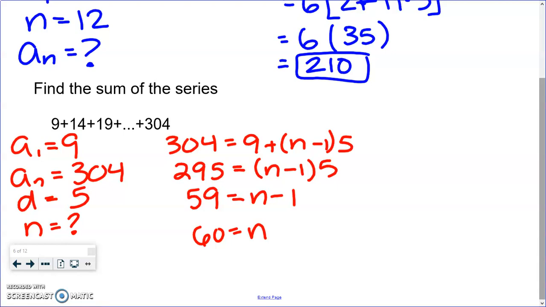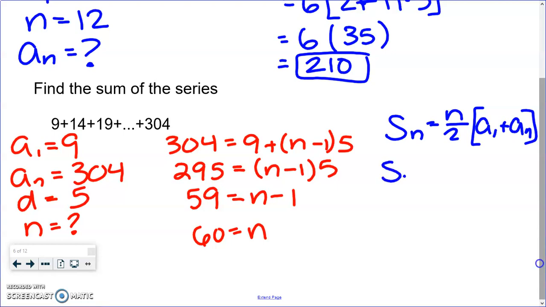From there, we can look at one of the new equations we learned today. That says the sum equals the number of terms divided by 2, times, in parentheses, our first plus our last. Filling in our variables, we have our sum equals our n, 60 over 2, times 9 plus 304.